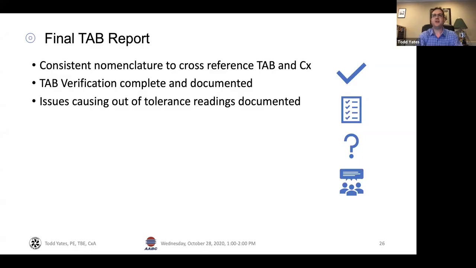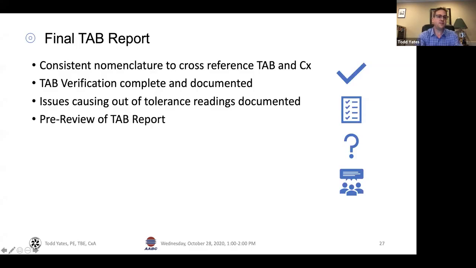I think some designers see it and think, well, it's out of tolerance, clearly they didn't work hard enough to get it in tolerance. Yet the reality is it may be entirely impossible to get it within tolerance. And the commissioning provider gives us as a TAB contractor a backup, another set of eyes looking at it to explain better why it is the way it is, if it can't be corrected.